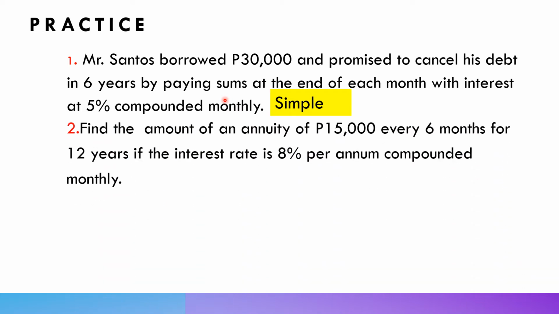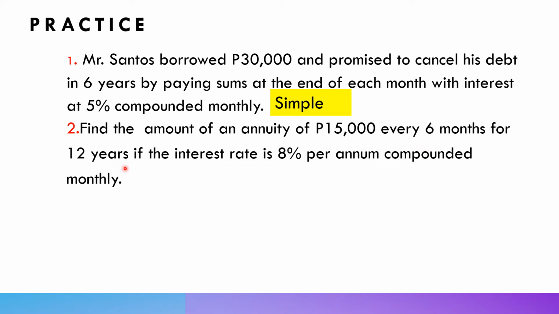Next, example number 2. Find the amount of an annuity of 15,000 every 6 months for 12 years if the interest rate is 8% per annum compounded monthly. So it is said there that 15,000 every 6 months for 12 years.